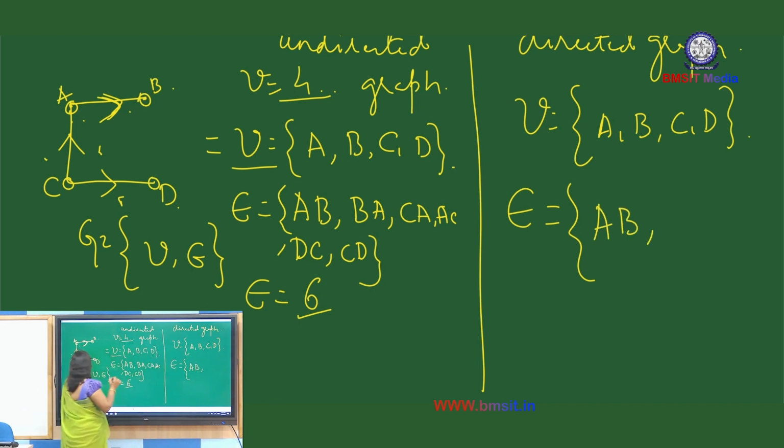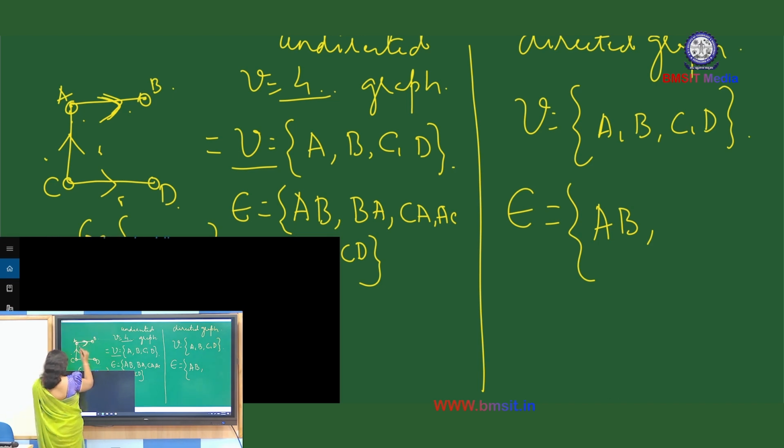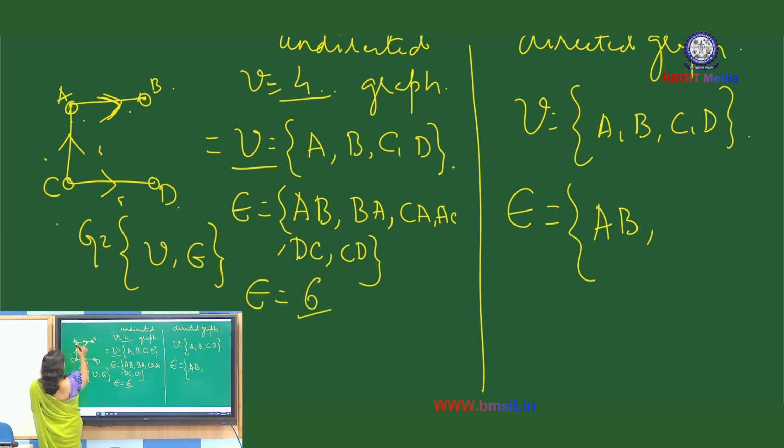Next, we have an edge between A and C. From which vertex is it moving to which vertex? It is moving from C vertex to A vertex.